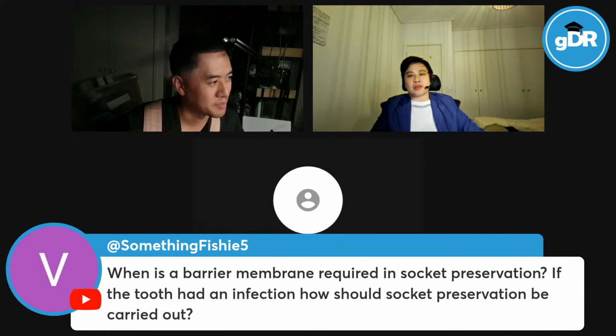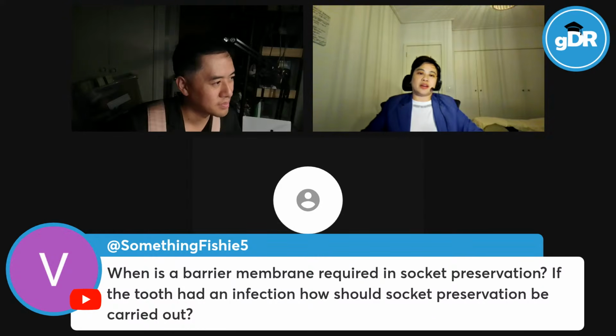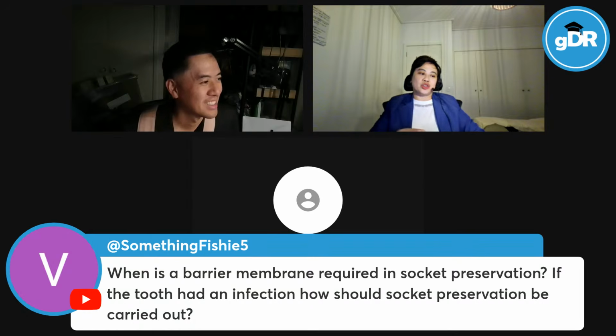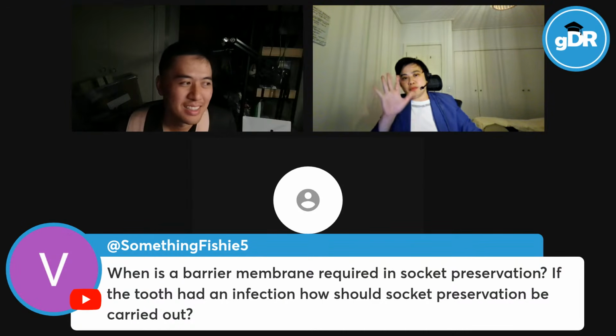When is a barrier membrane required? If the tooth had an infection, how should socket preservation be carried out? It's a big question. Basically, if it's an infected site, I don't use bovine.